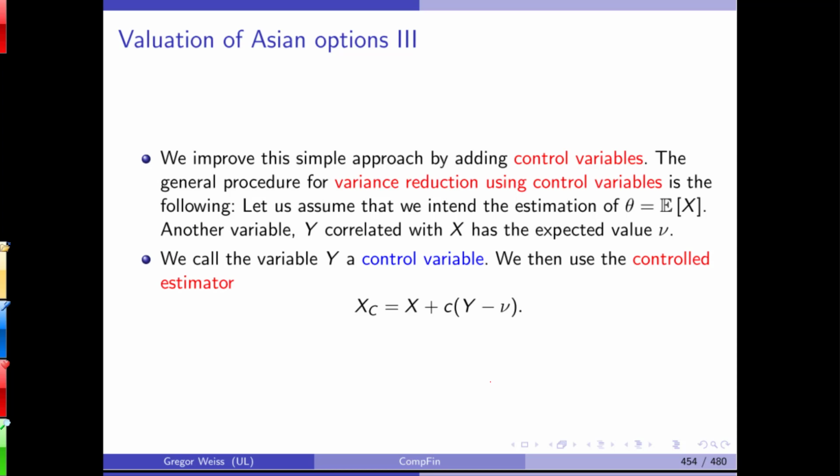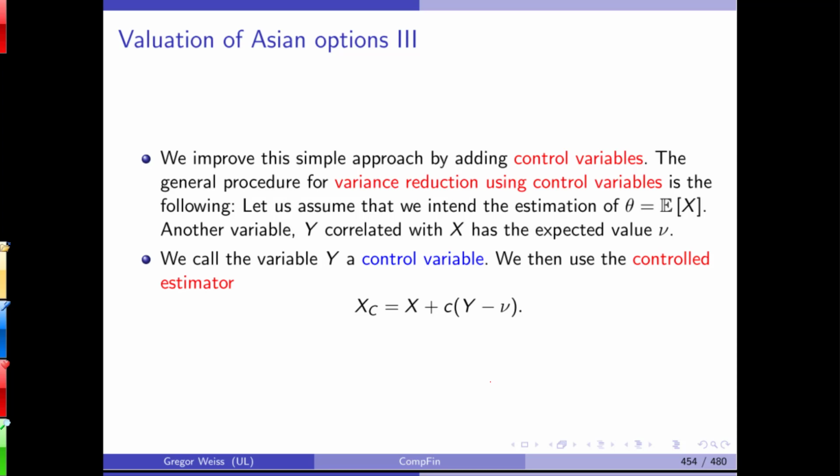And we now want to improve this a little bit by adding control variables. Now the general procedure for variance reduction using control variables in statistics is the following. Assume that we intend to estimate a parameter theta being the expectation of a random variable X. Another variable, Y, is correlated with X and has the expected value nu.